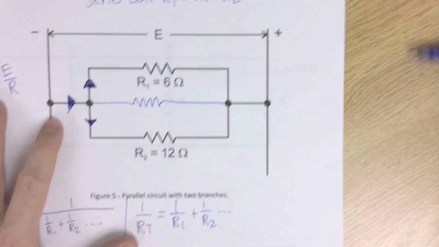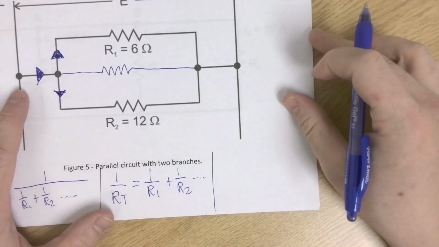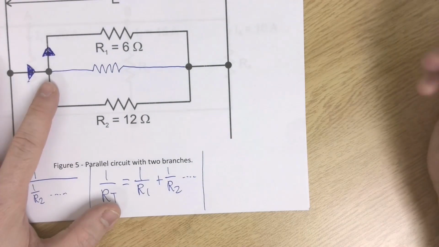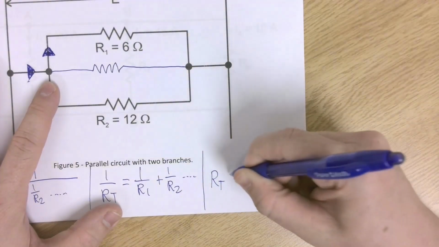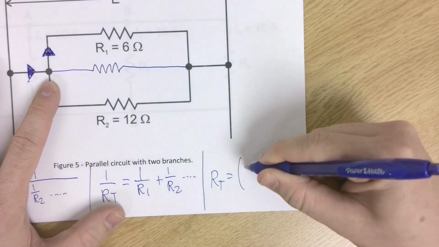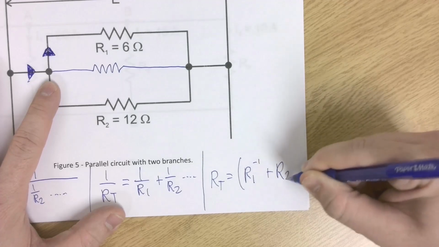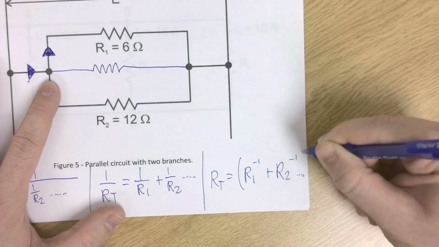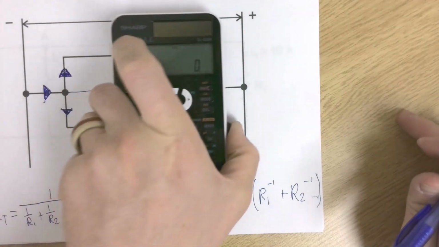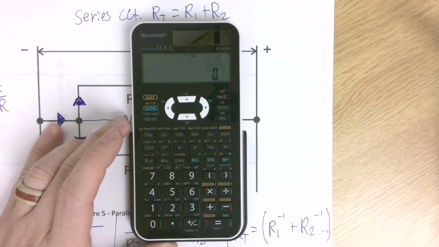I'm not going to say what you have to use, but another, simpler option for a formula, at least in terms of entering it into your calculator, is R total equals, big bracket, it's the only bracket for this one, R1 to the negative 1 plus R2 to the negative 1, so on and so forth. Even though it's a bit more unfamiliar if you're not used to using exponents, especially negative exponents.